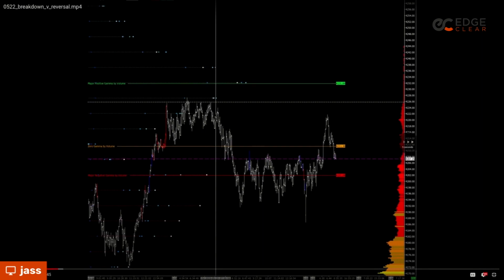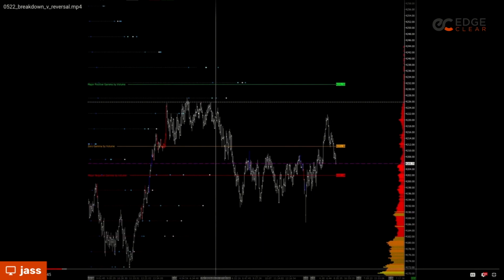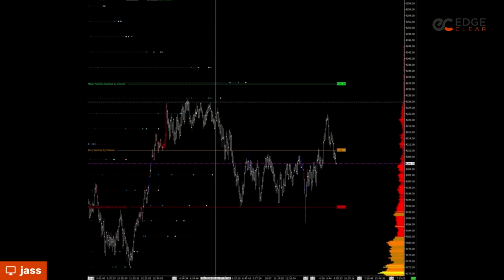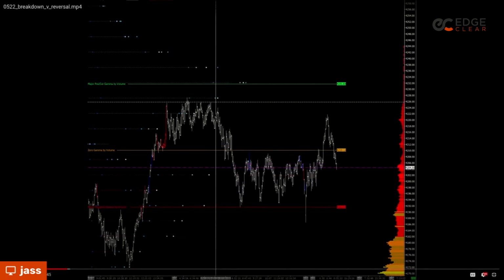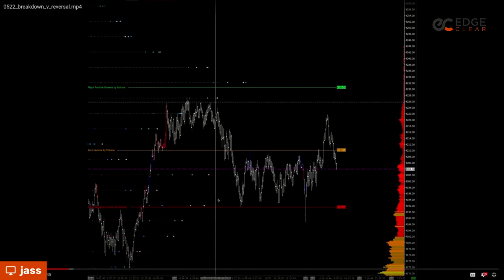When you're targeting areas, VPOCs typically form good targets, but not necessarily entry points, because your odds of whether that forms a bottom or a top are a little more balanced, and not as skewed versus a low volume area over here, maybe not quite an LVN, but definitely a lot less quote unquote liquidity, right?